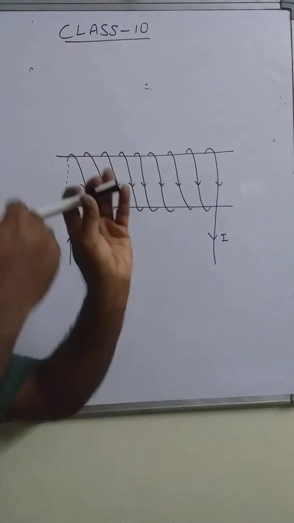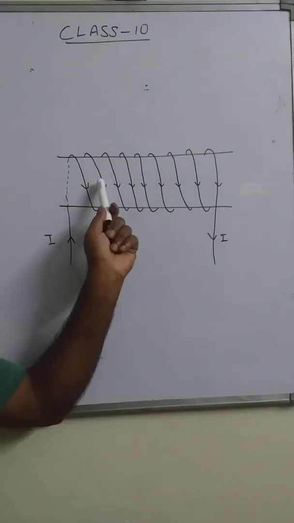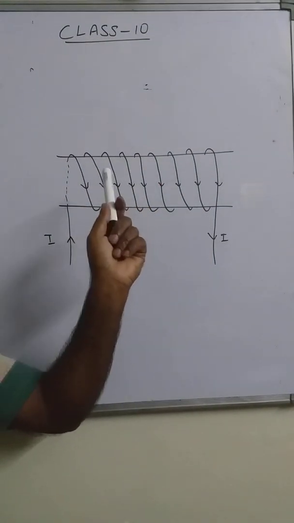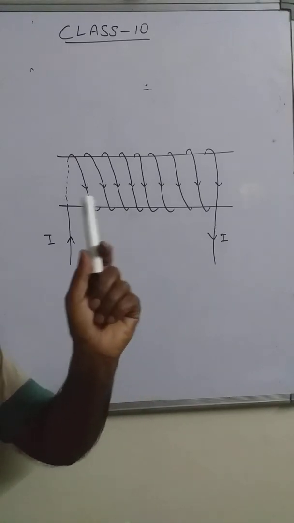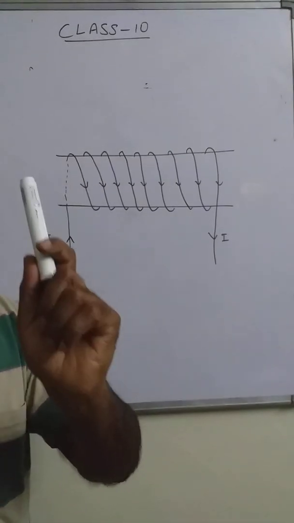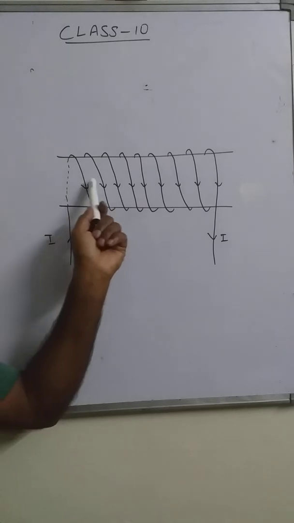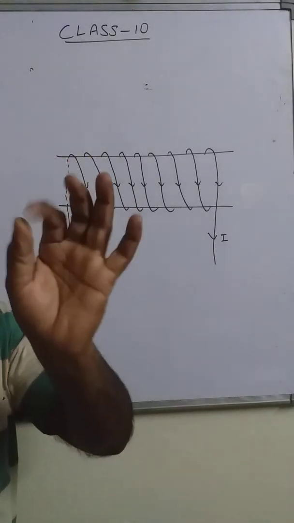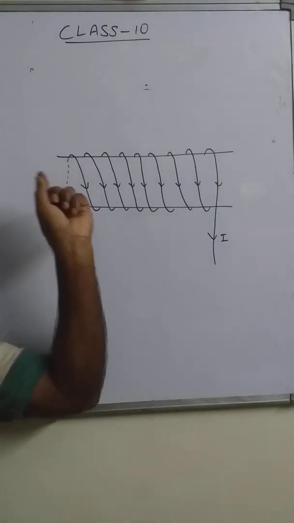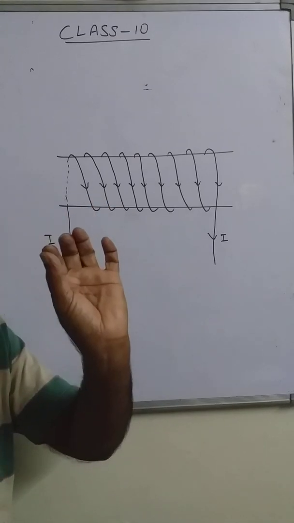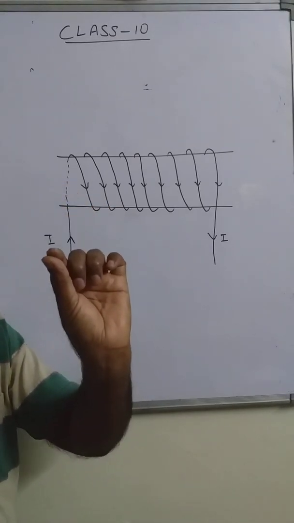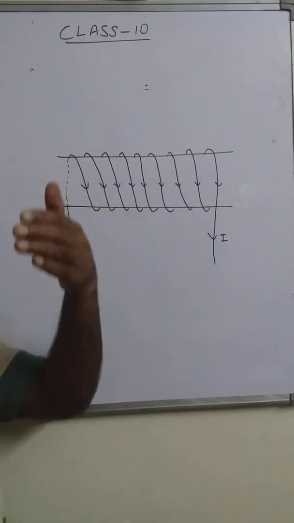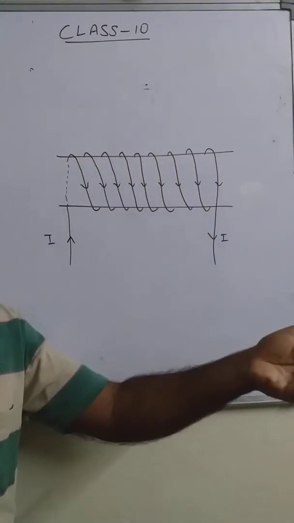In a similar manner, every circular part of this solenoid can be considered as a single circular coil. Each turn produces a magnetic field, south pole on this side, north pole on the other side.